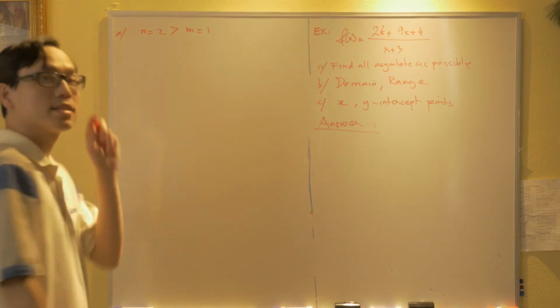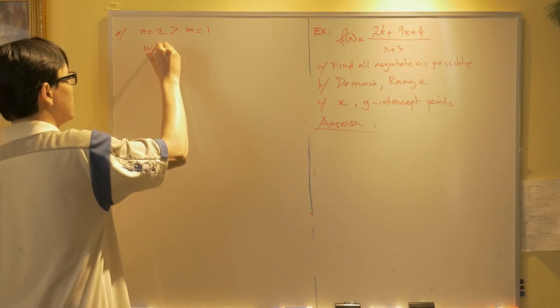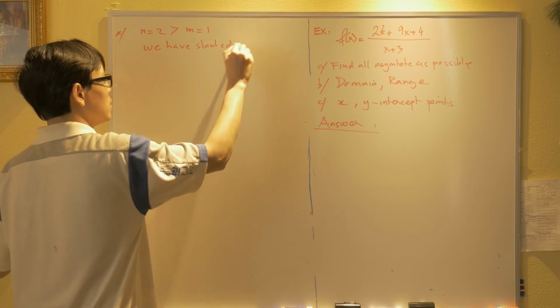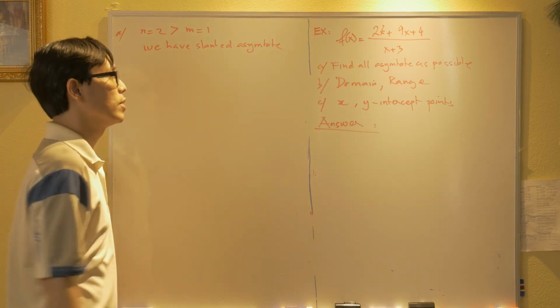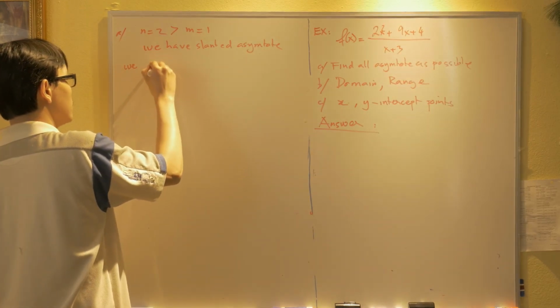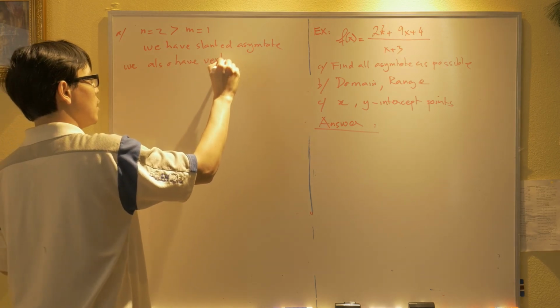So we have a slanted asymptote, and we don't have a horizontal one. We also have a vertical asymptote because we have the denominator.